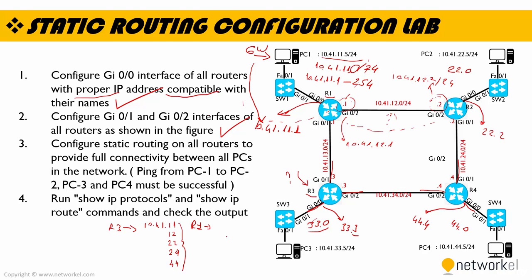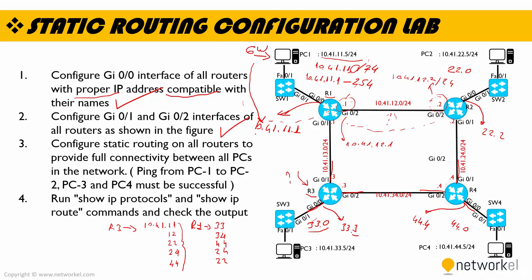And I'm going to use 33, 34, 44, 24, and 22, right? I hope there is no problem about these steps and you can easily get this, because that's a really important portion of static networking.